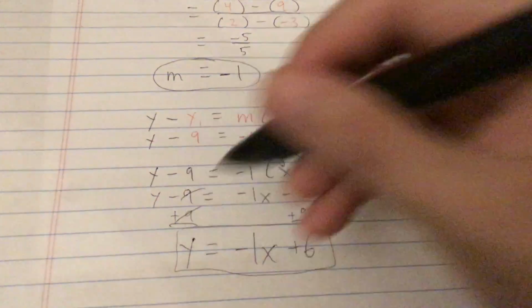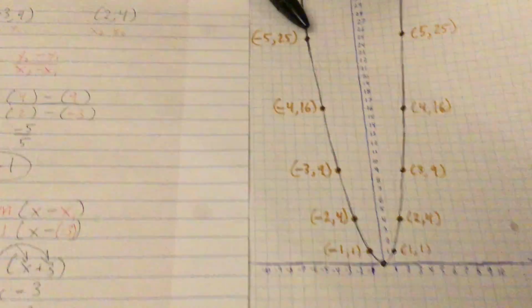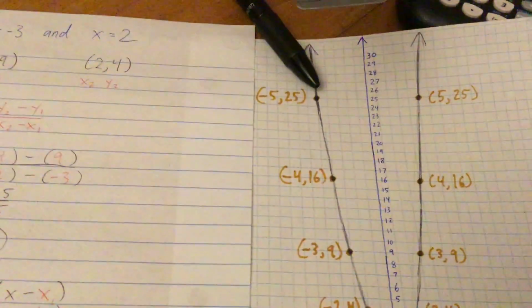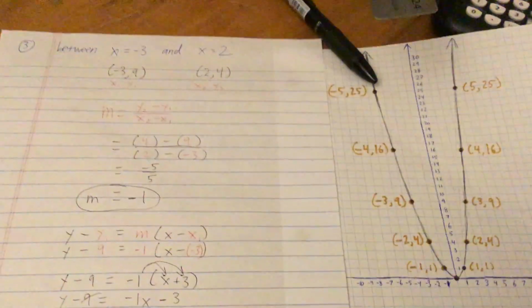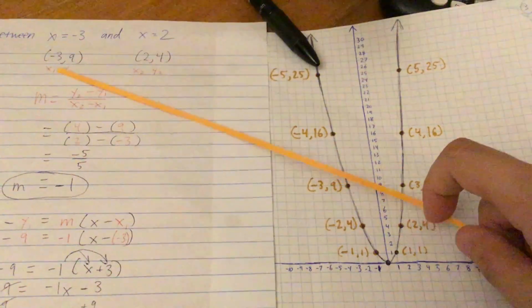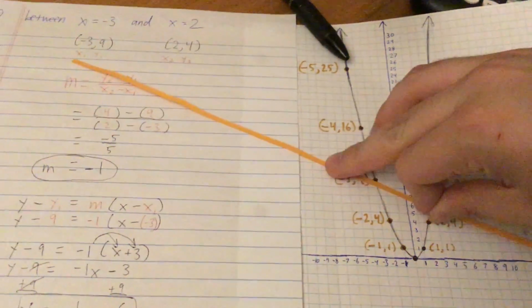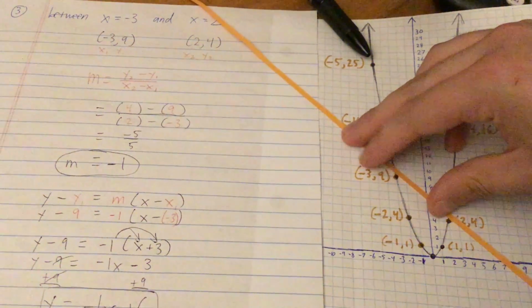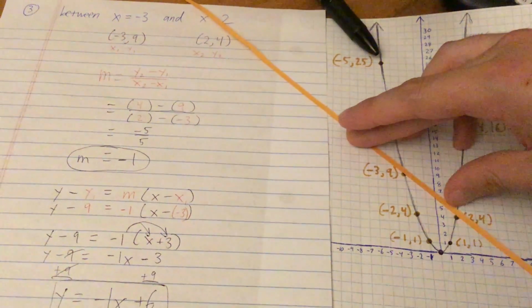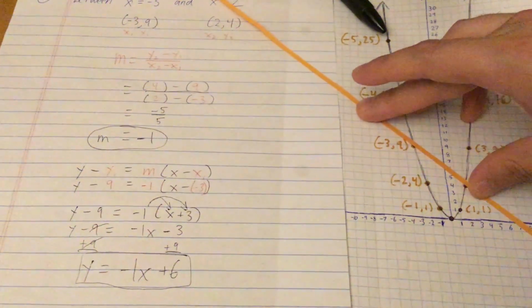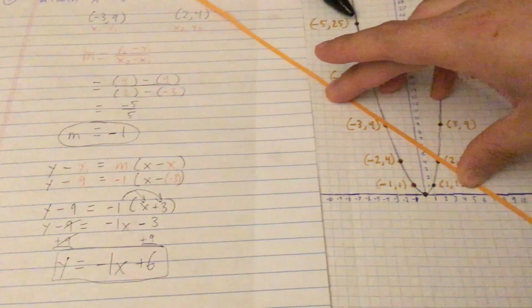So the linear equation that calculates the average rate of change between x equals negative 3 and x equals 2 can be calculated by going down 1, right 1, and crossing the y-intercept 0, 6.